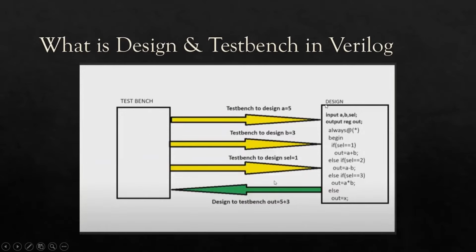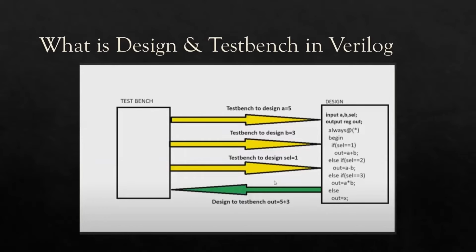Whatever logic you have written on the design side, a basic logic will be written on the test bench side. If select is 1, then the expected value will be addition. So if instead of 8 you receive 6, then your design has some errors. This is how design and test bench differ from each other, and how it is different from a software language like C. Hope you understood this design and test bench concept.